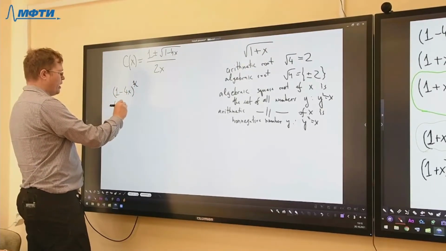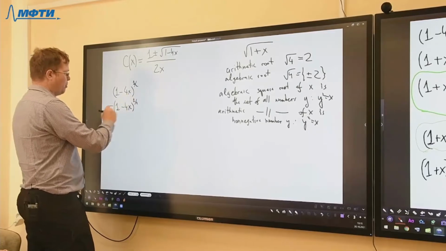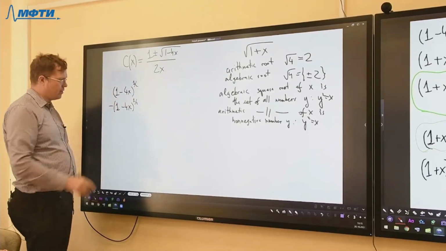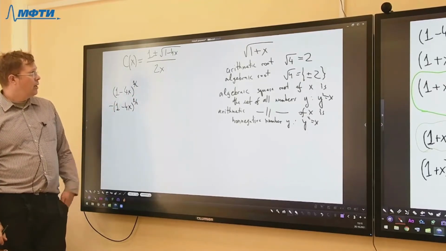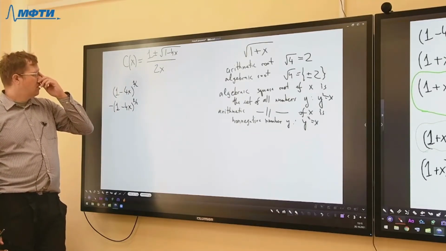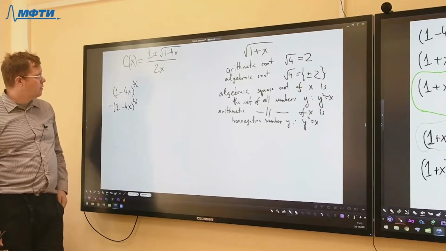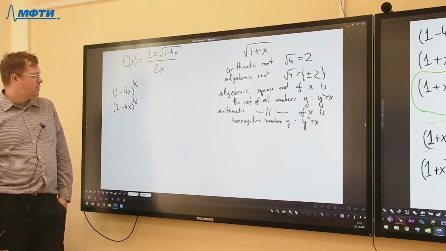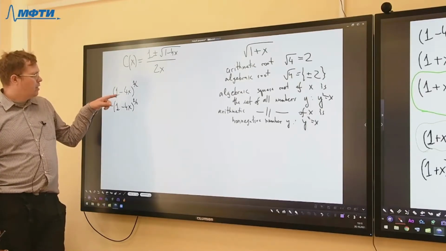1 minus 4x to the power 1 over 2, minus 1 minus 4x to the power 1 over 2. We can look at the first coefficient of this formal power series and check that this is correct.